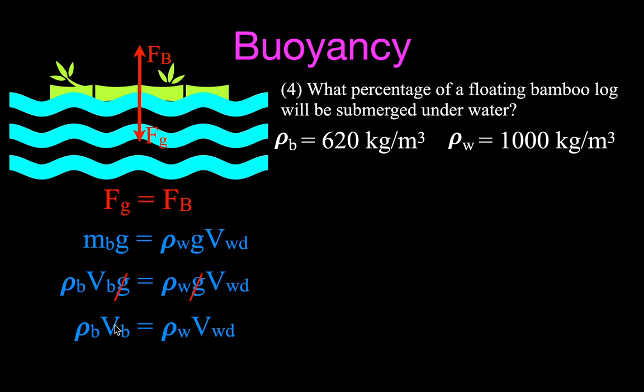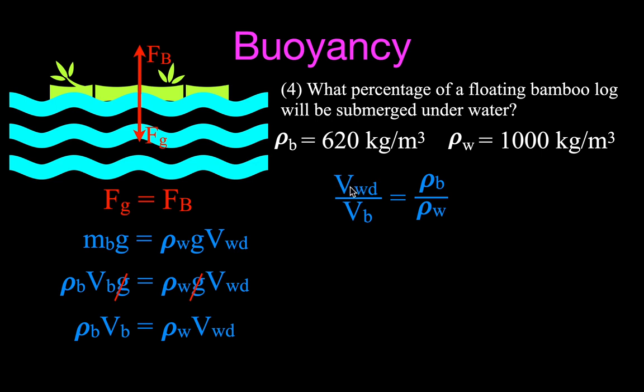That means we're left with the equation: the density of bamboo times the volume of bamboo is equal to the density of water times the volume that is submerged. Those two volumes are not the same, but we can take the ratio of the two.